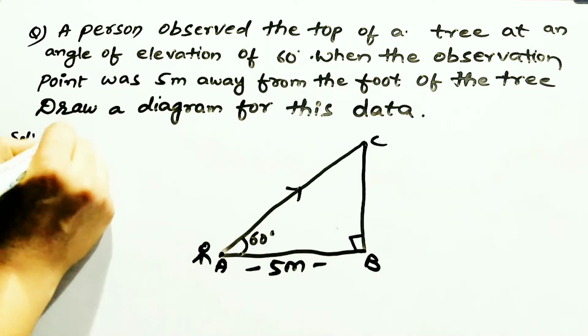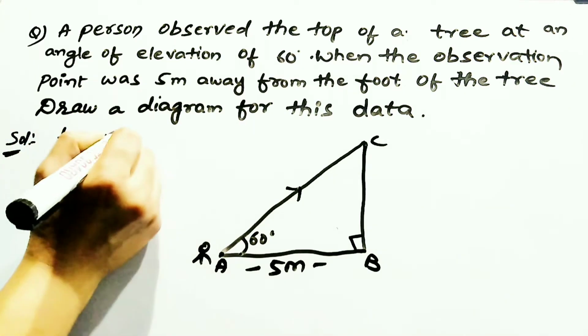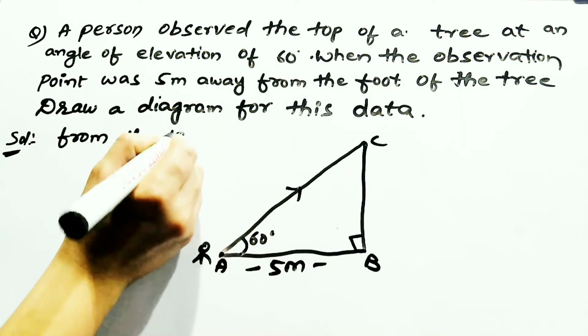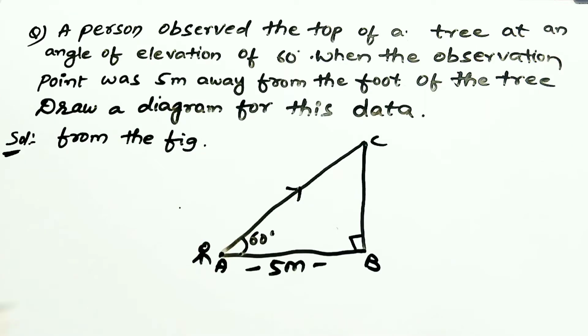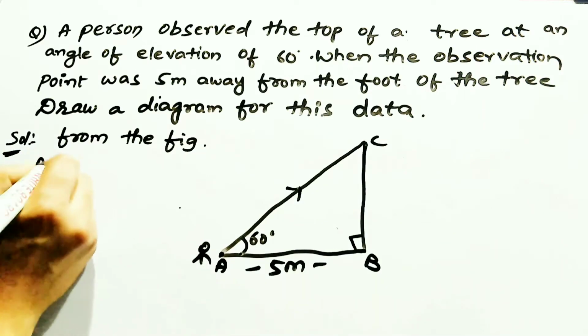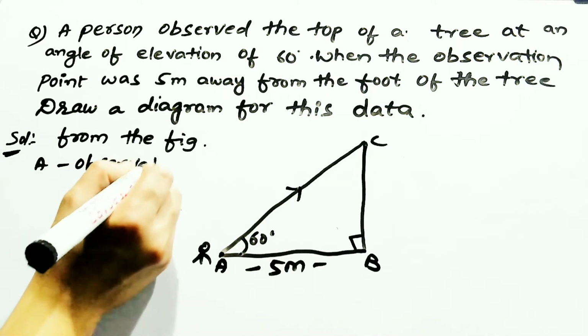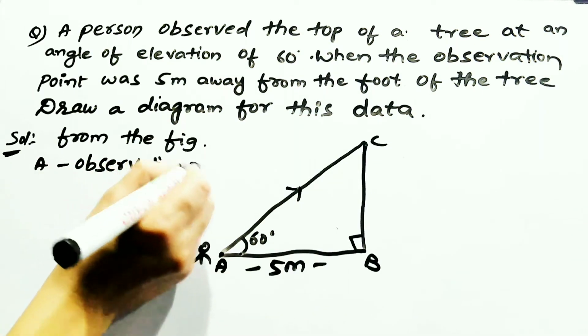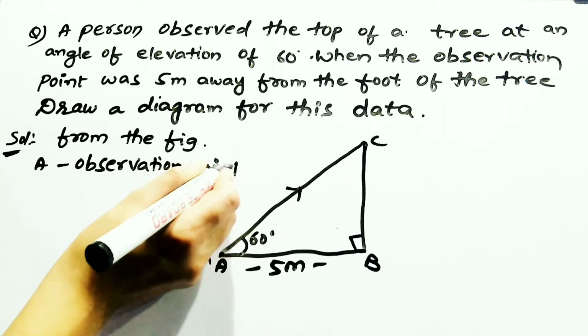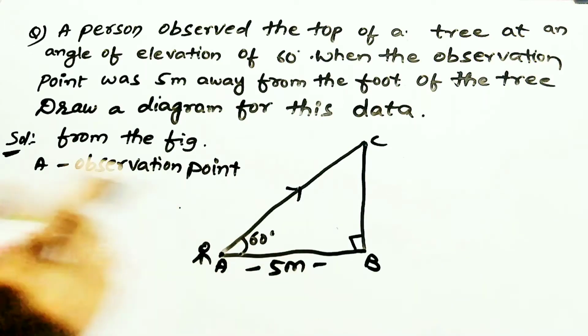From the figure, what did you get? A is your observation point. What is AB?